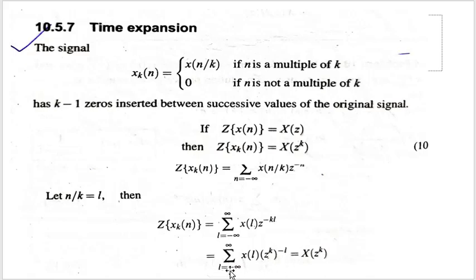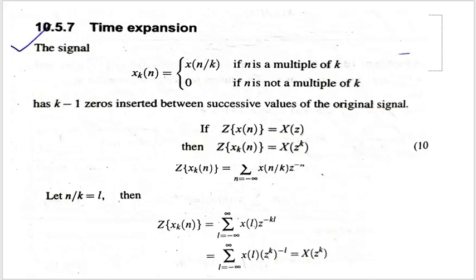So this will again be in the form of the summation L equal to minus infinity to infinity of x of L, whatever the z term is, power minus L. So that would be directly X of z power k. This is the proof for the time expansion property.